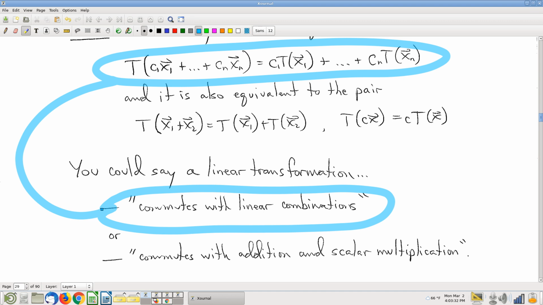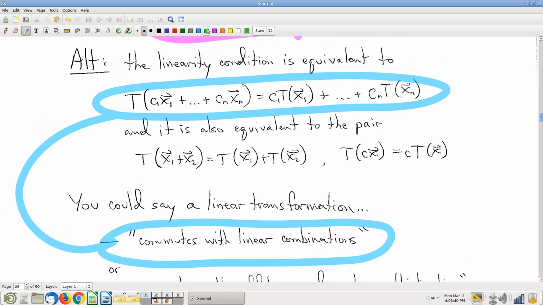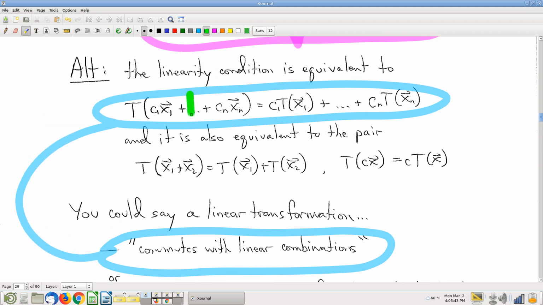Right? So notice that's kind of what this linearity property says between the function and the linear combination. Here we're doing the linear combination first, and then we're doing the function second. Right?